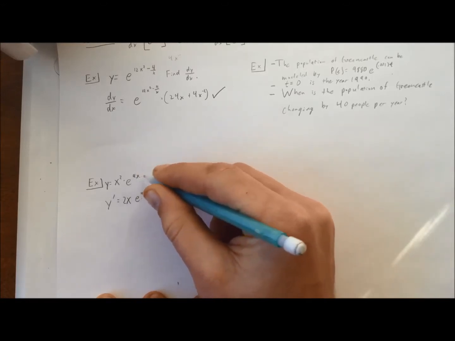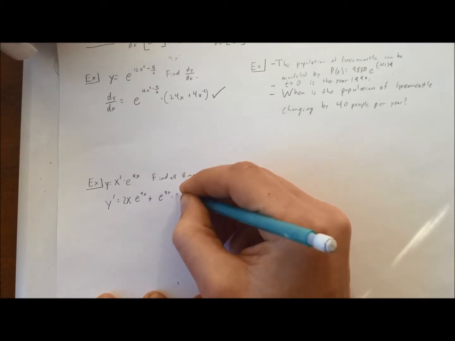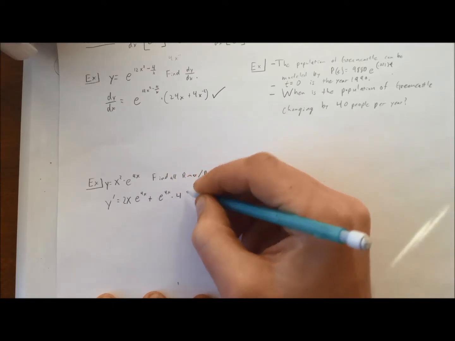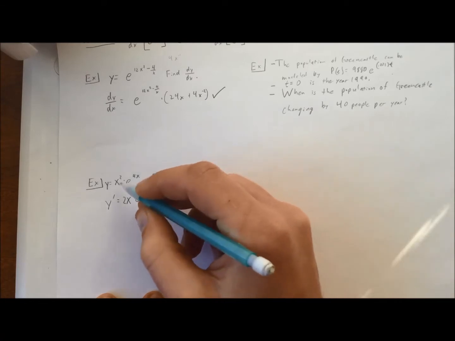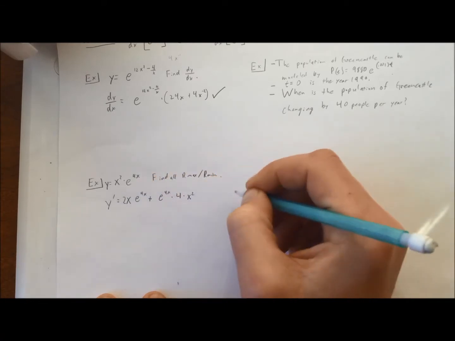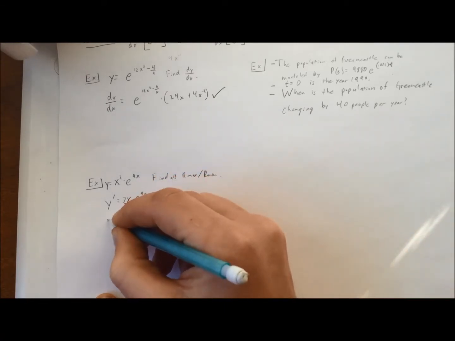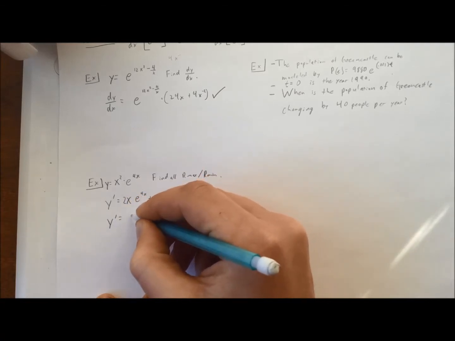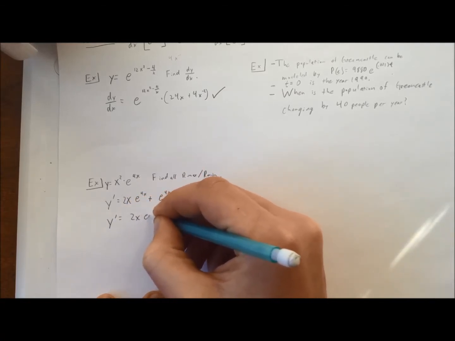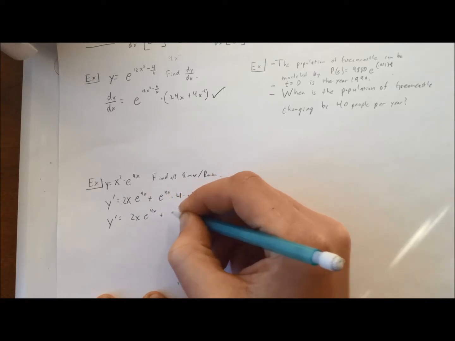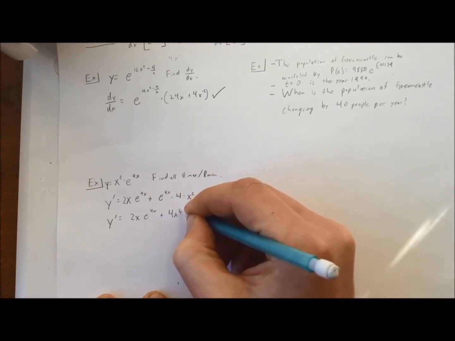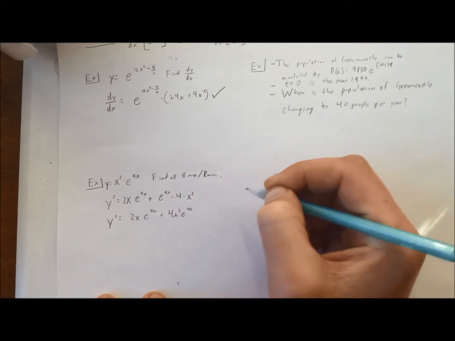Chain rule, take the derivative of the 4x here, that's just going to be 4 times the first. The first function was x squared. So y prime here is going to be 2x e to the 4x plus 4x squared e to the 4x.